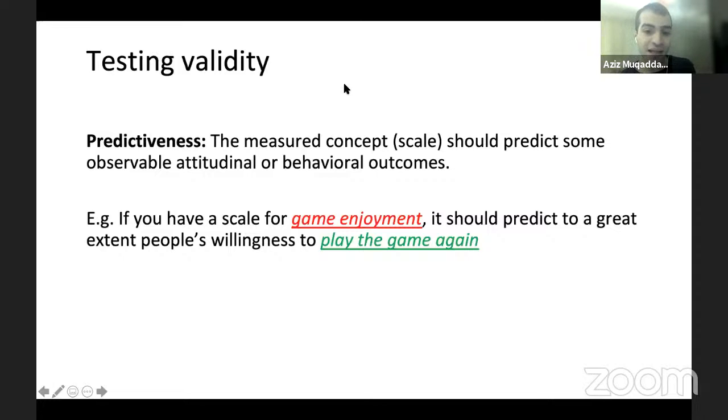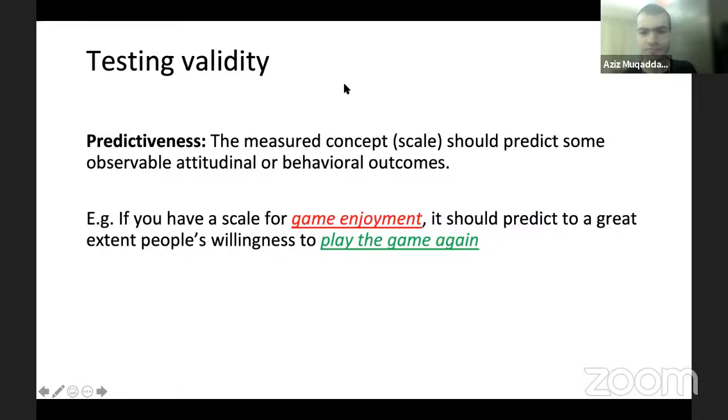And this is a tricky part, and it's a big question. If you measure brand attitude, that should predict purchase intention, right? If you measure advertising enjoyment, that should also predict brand preference. So that's predictiveness. You would see that a lot.